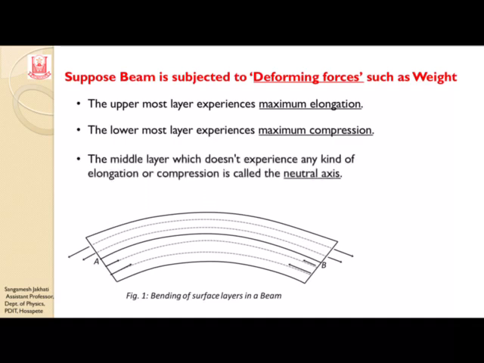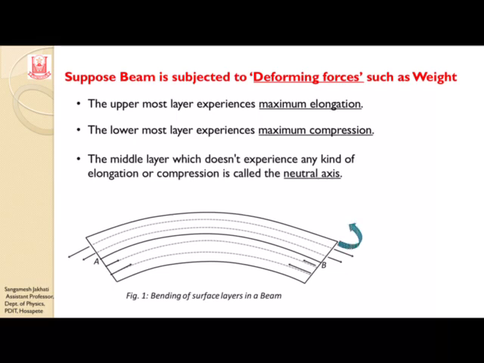Amongst all the layers there will be one particular layer, represented in figure 1 as AB, which does not experience any kind of elongation or compression. That particular layer or line is called the neutral axis, or the layer is called the neutral surface. So AB represents the neutral surface or neutral axis.